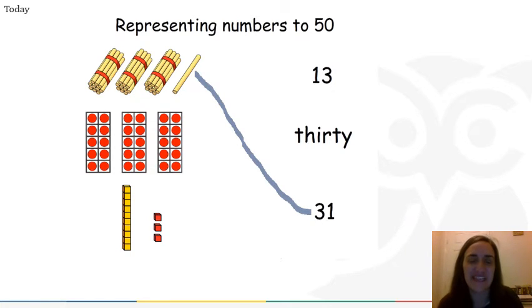Let's look at the 10 frames now. How many full 10 frames do we have? 3. So we've got 3 10s. 10, 20, 30. Where's 30 on the screen? Can you point to it?